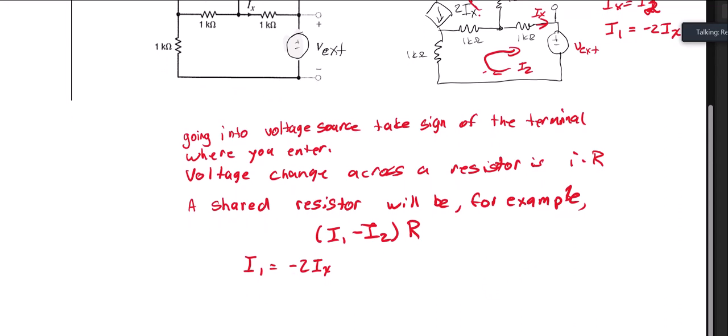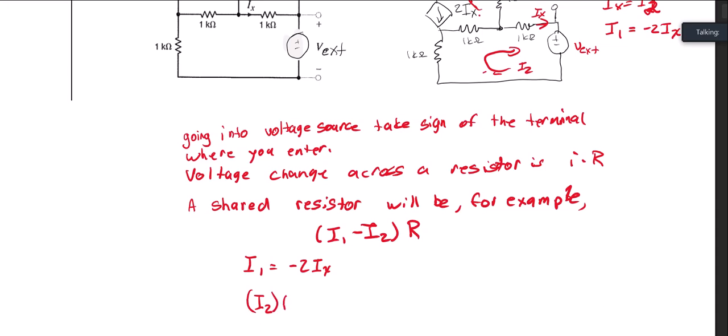But for the bottom loop, as I travel along here, I'll have I2 times 1 kiloohm plus, now this is a shared branch right here, so that would be I2 minus I1 times 1 kiloohm plus, and on this one right here, that's just I2 times 1 kiloohm.